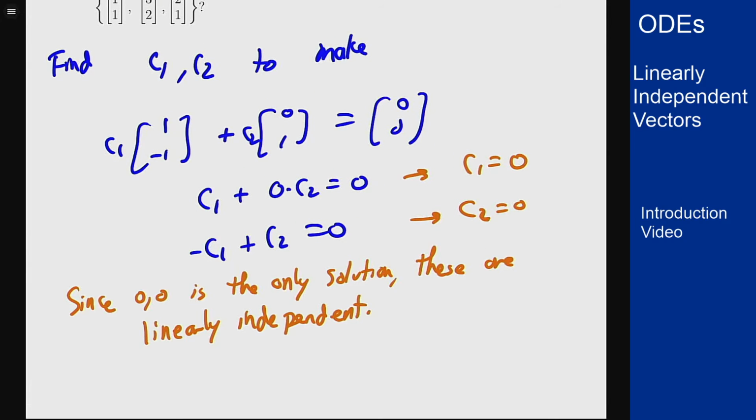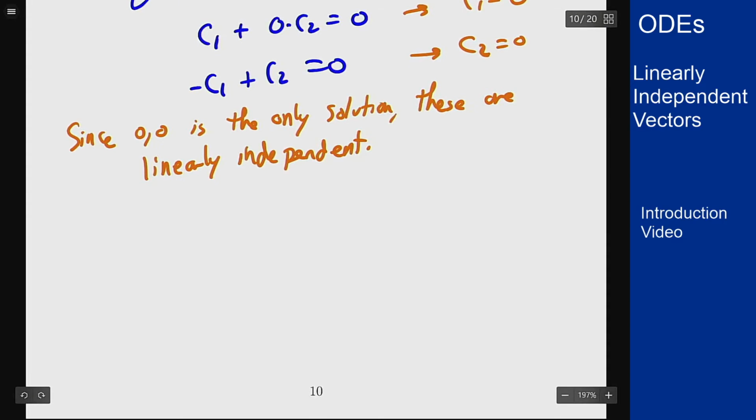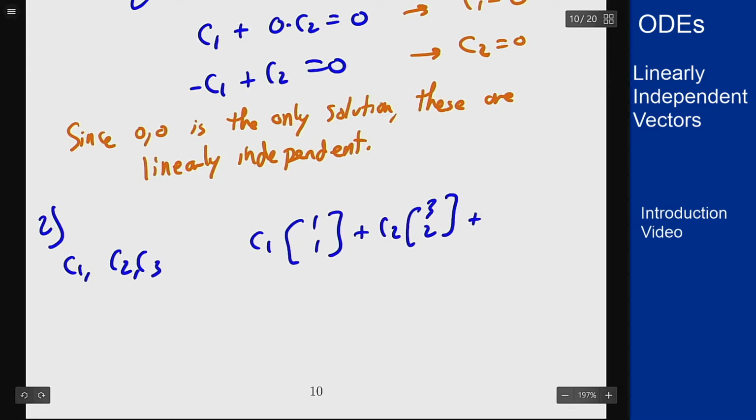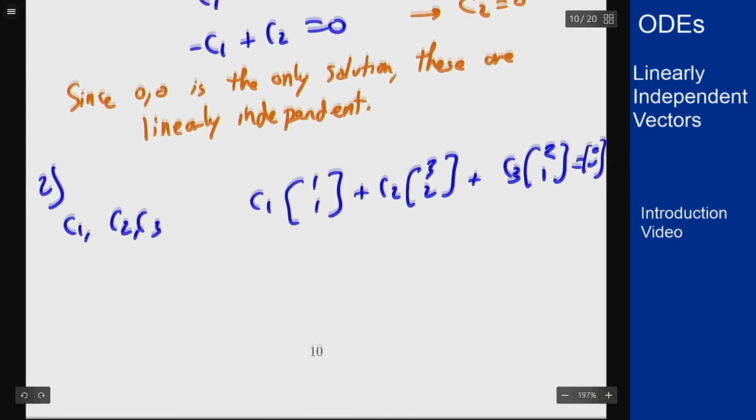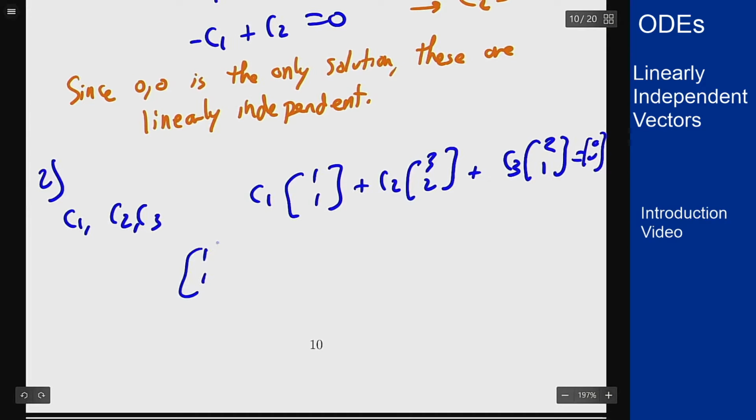What about the other set? Well, for the other set, I want to find c1, c2, and c3 so that c1 times (1, 1) plus c2 times (3, 2) plus c3 times (2, 1) equals 0 as a vector. Now you could do this by some sort of row reduction procedure, put it in the matrix and go. But we can see right off the bat that (1, 1) plus (2, 1) equals the vector (3, 2), which is the middle vector in our set.